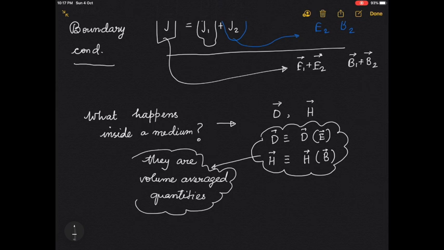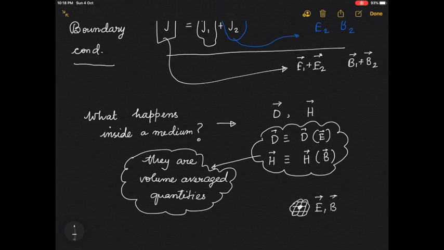Well, to get what happens inside a medium in the presence of an electric field and magnetic field, you don't really ask what is the electric field here and the magnetic field here at a given point in the medium. You ask the question, what is the average electric field in a volume around that point?